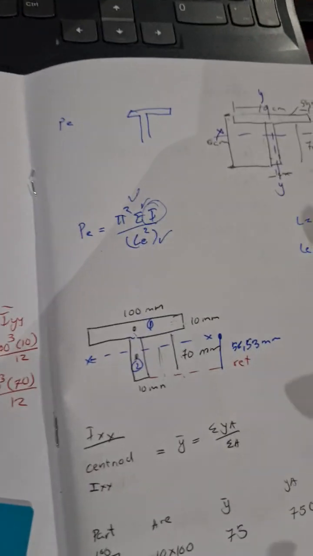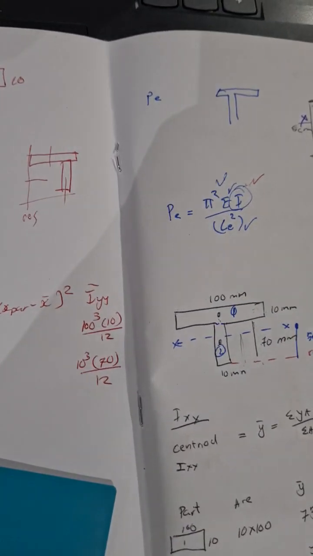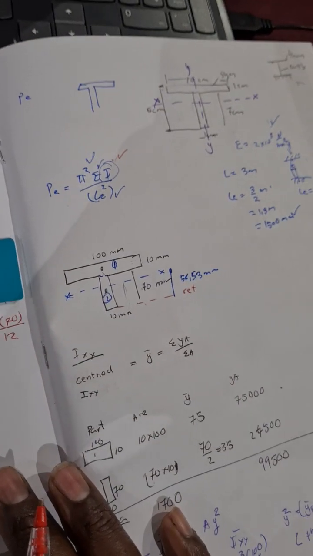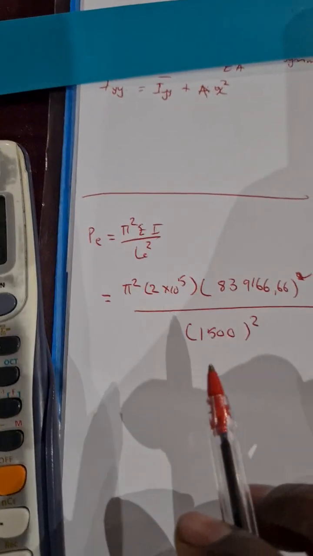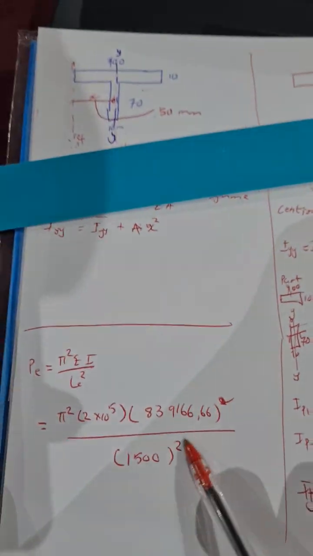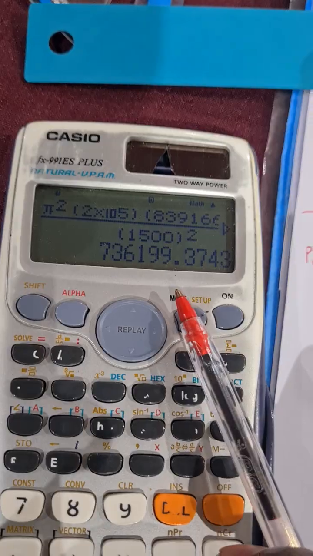So let's continue. Let's substitute and see if we find this answer. So now we have this one. Then it's the method of substitution, people. So let me just pause and substitute. So I've substituted. We are given from the question, remember, here it is. And then we use the least one, which is this, and then this. So the answer is this one.